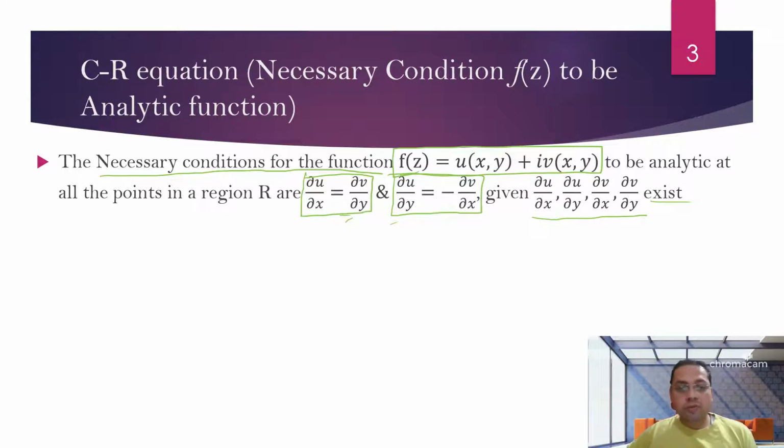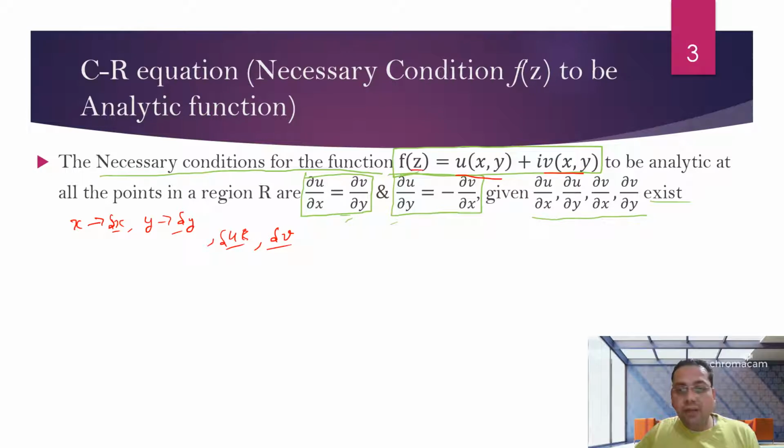To prove this, first we take an increment in x, delta x. Similarly, for y we have an increment delta y. Because x and y are involved in the functions u and v, there is an increment in u, delta u, and an increment in v, delta v.